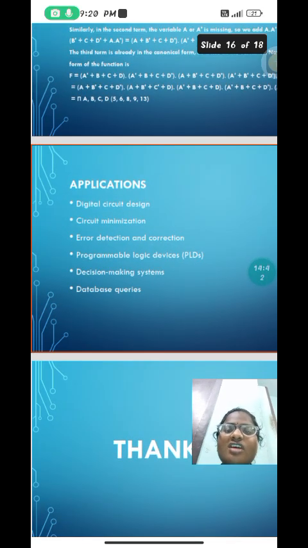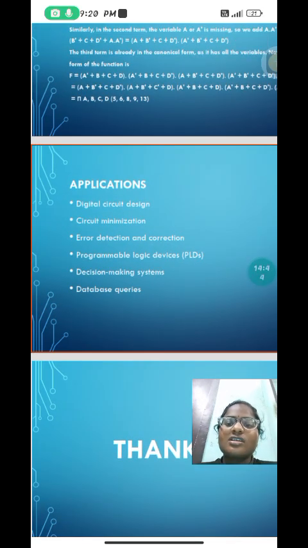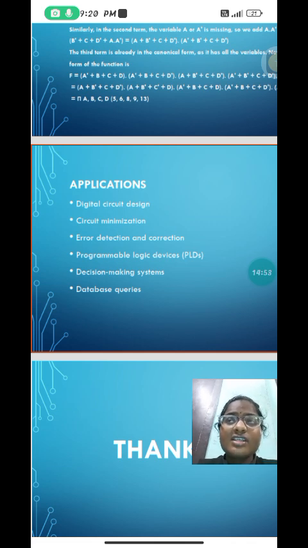Next, applications of Boolean logic functions. See these applications. First one is digital circuit design, where Boolean logic functions are very useful. Second one is circuit minimization, which means minimizing the function.